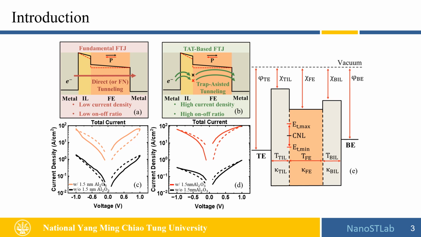This result can be simply explained by direct or FN tunneling because the thickness of the FTJ becomes larger, and we normally expect that the current density should be lower. However, it didn't. So we believe that there are some traps in the FTJ that cause this to happen.